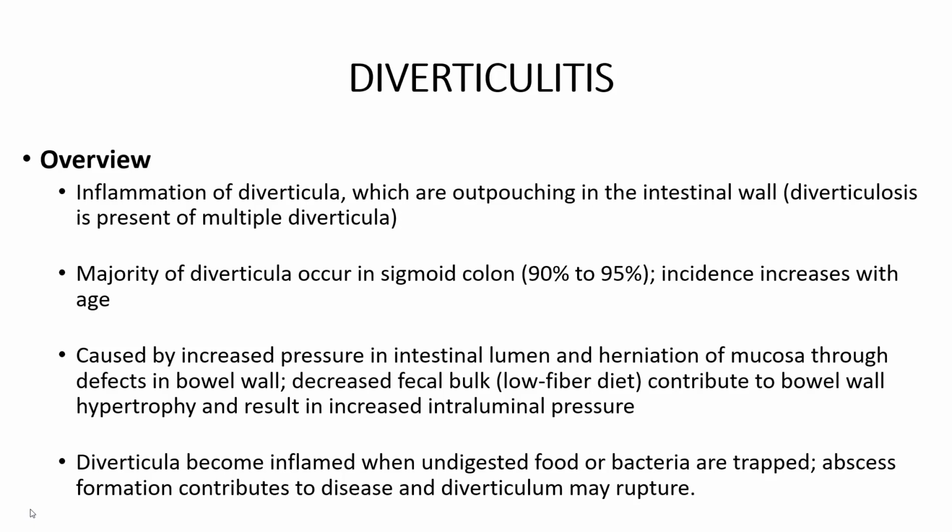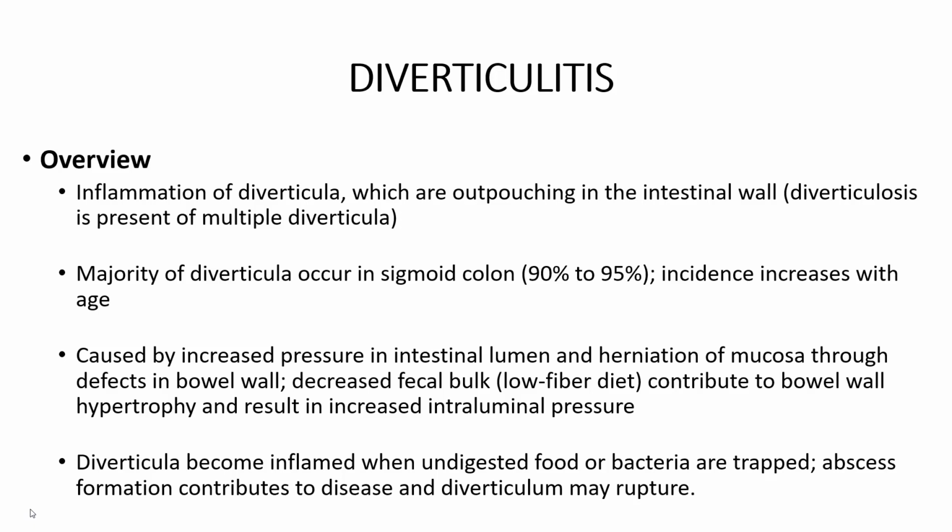Some people don't even know that they have diverticulosis because it develops gradually. However, only a small percentage of patients with diverticulosis even develop diverticulitis. It's caused by increased pressure and herniation, a weakness in the intestinal wall, through a defect in the bowel wall, and a low fiber diet.